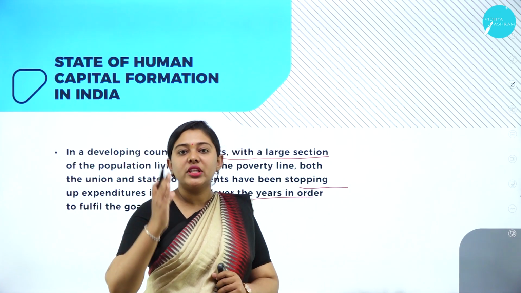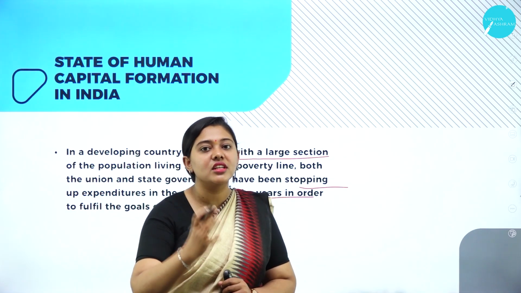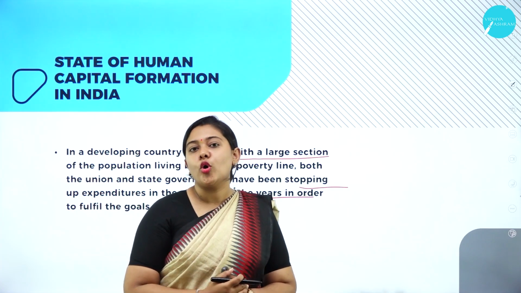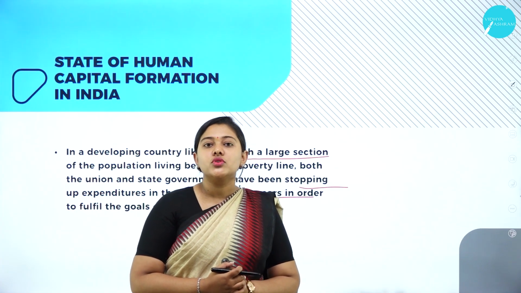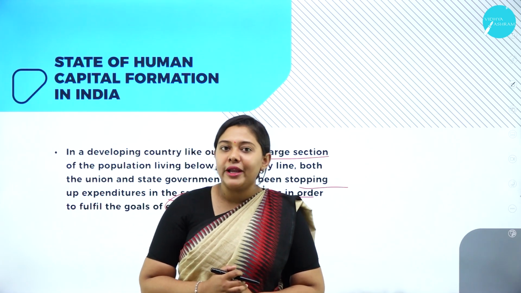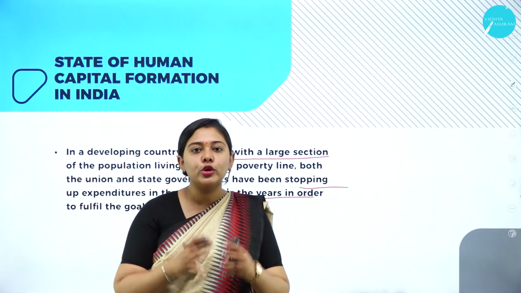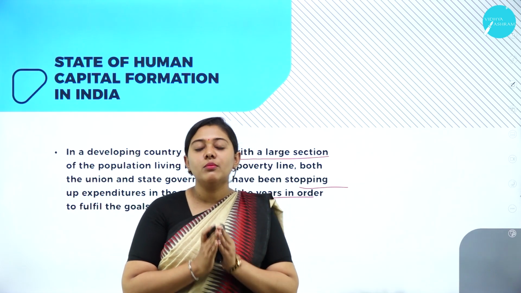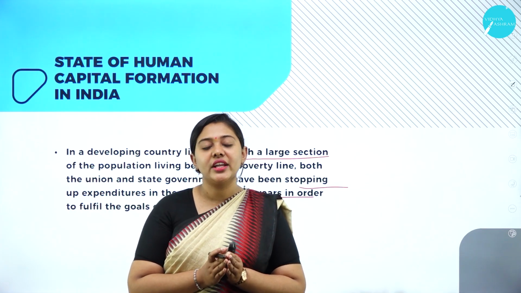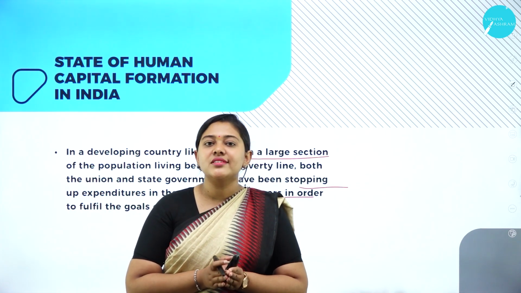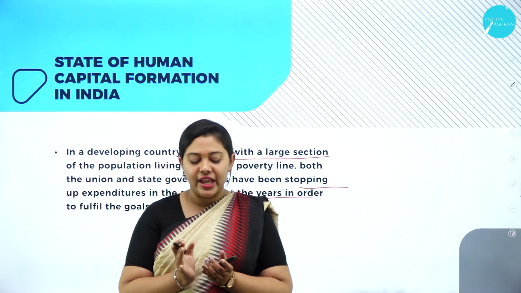It is a rule that up to a minimum of 10th, every child born in our India has to take education compulsorily. This is the rule made by our government. So central and state governments work together as a system in order to develop human capital formation in our India. This is our country's scenario about education and healthcare.